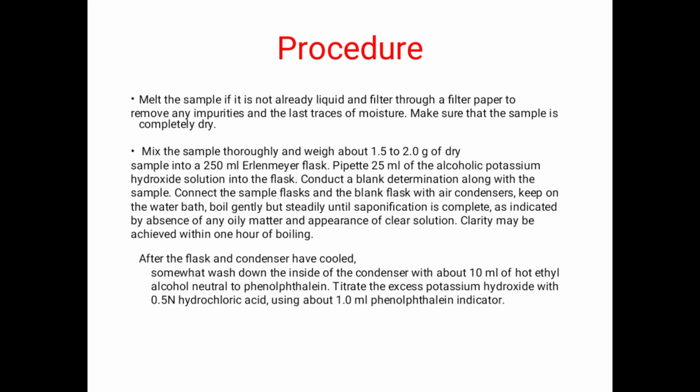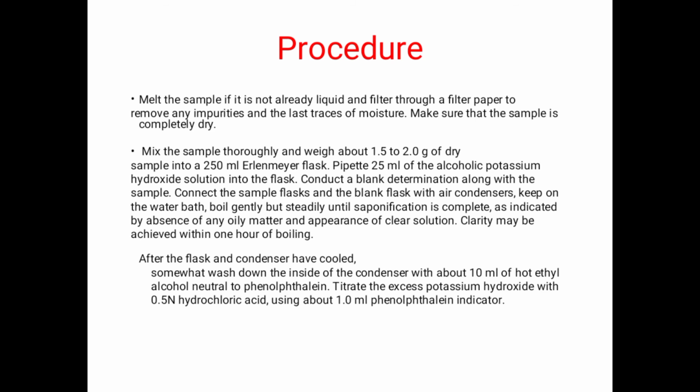In many procedures this washing step is not performed. Then you have to cool the solution, add phenolphthalein indicator and titrate the excess potassium hydroxide solution with 0.5 normal hydrochloric acid.